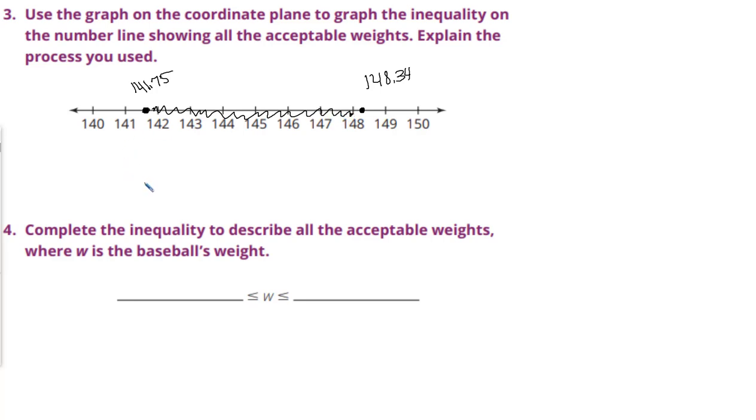The smallest number we have is 141.75, and we want everything that's greater than that but also less than 148.34. In other words, we want it to be sandwiched between those two things. This means that you have an and between them. When it's set up like this, it has to cover both things.